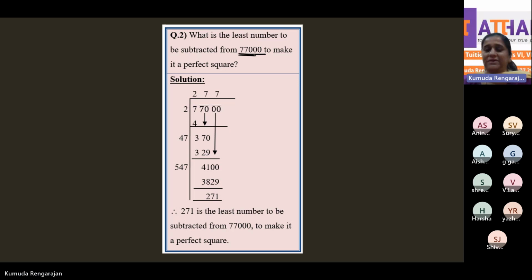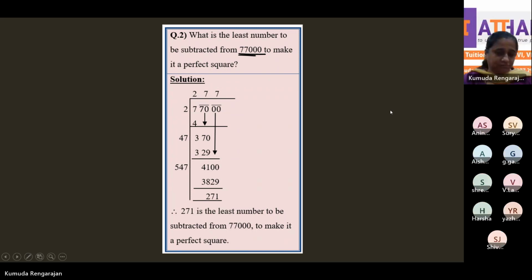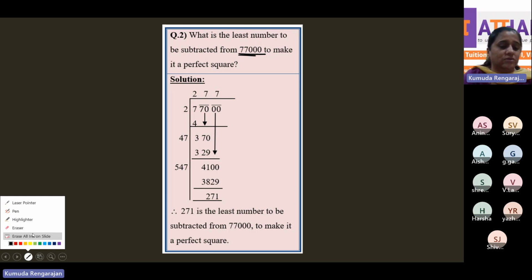I'll just get my calculator. Yeah, you may start working this one. Please take down the question and work this.